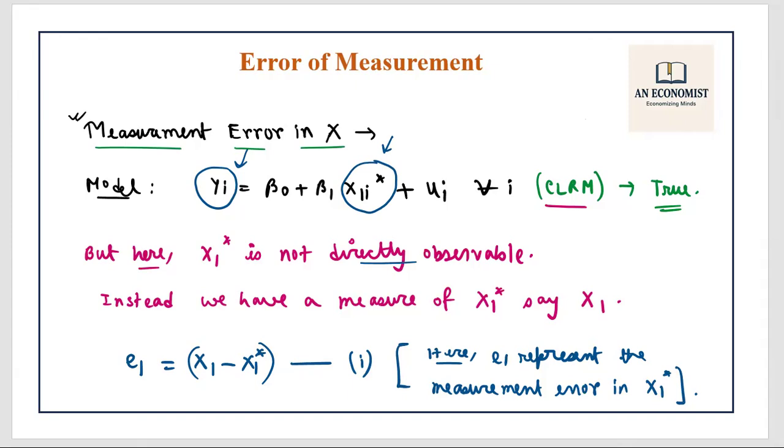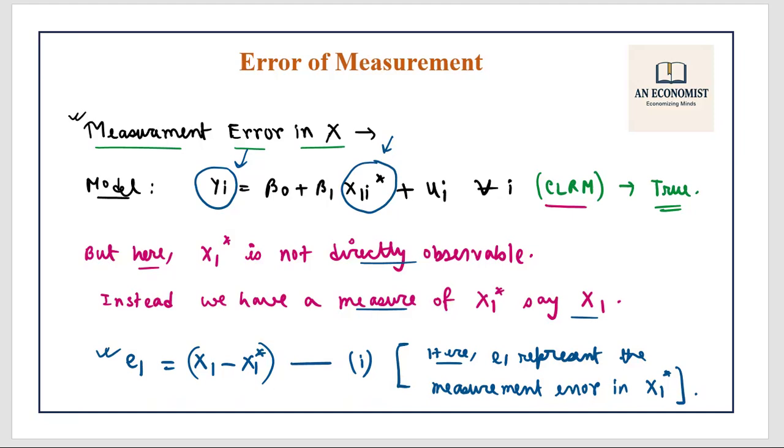That is why the error of measurement in the variable x is coming into the picture. So what we do is take a measure or a proxy of this x1 star, namely x1. That is how we have introduced this measurement error, that is e1, which is simply x1 minus x1 star. I hope this much is very clear to you.